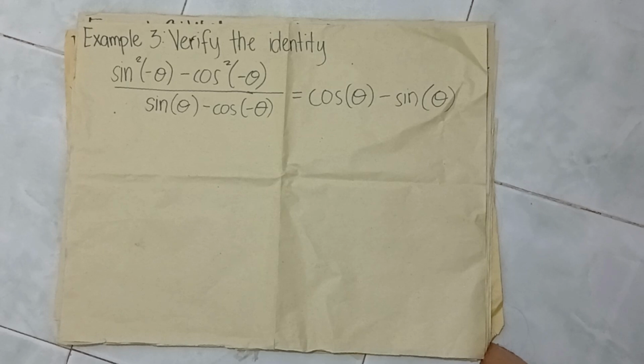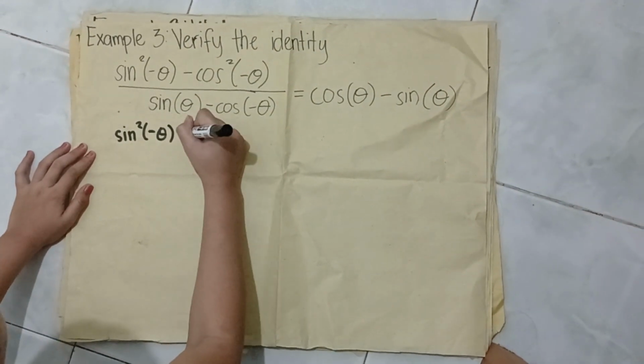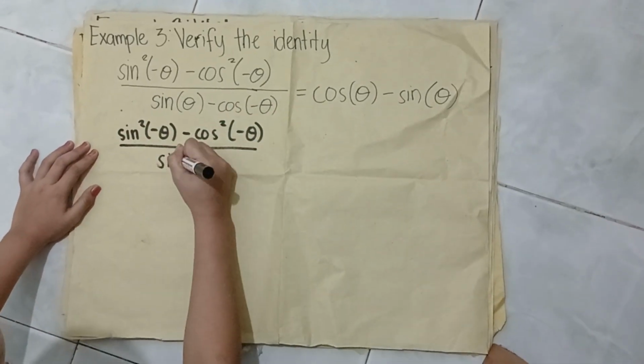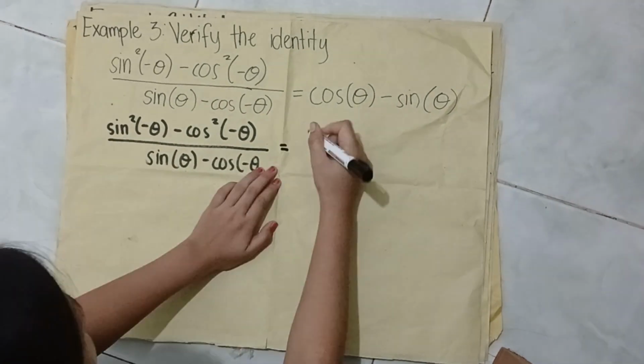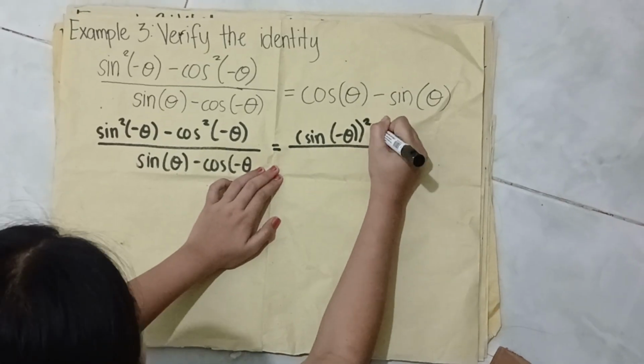Example number 3. Verifying an identity. Verify the identity sine squared of negative theta minus cosine squared of negative theta over sine of theta minus cosine of negative theta equals cosine of theta minus sine of theta. To solve this, we begin with the left side and we apply the odd-even identities.